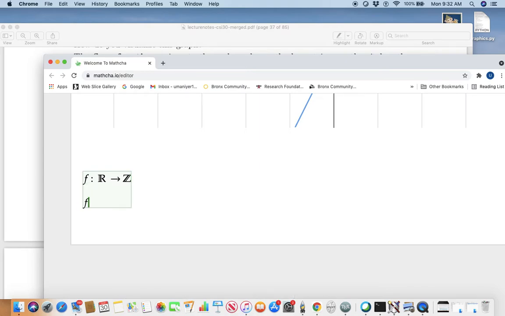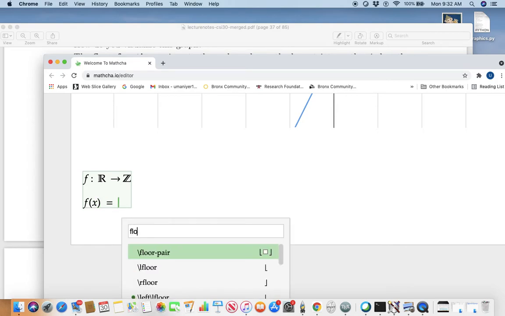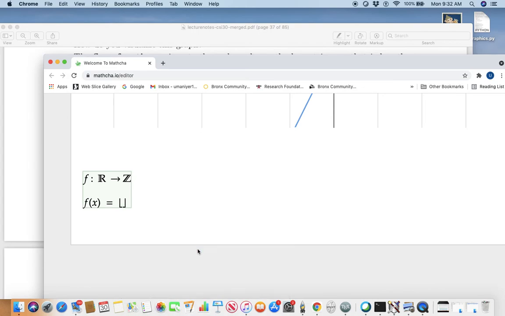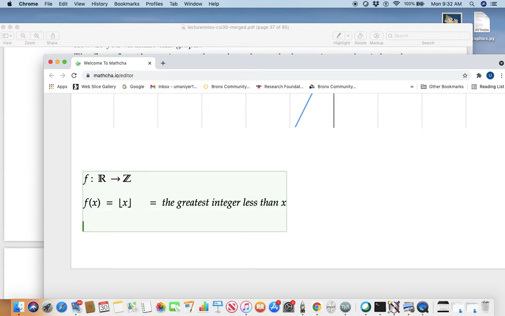How is it defined? f of x equals floor of x. Okay, floor of x is what? The greatest integer less than or equal to x. So let's look at this as an example.